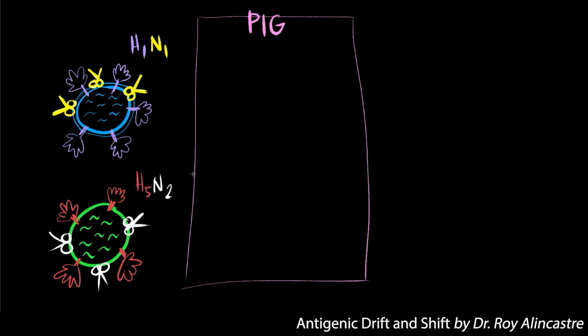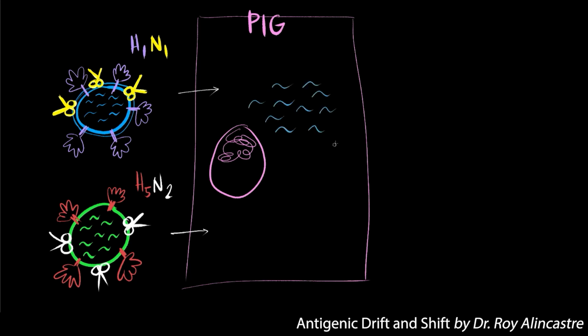So you have H5N2. But let's say this virus is only able to affect pigs and birds. Just an example. So both of them infect the host cell. They take over the cell and replicate themselves, producing more blue segments and more green segments in the same cell.